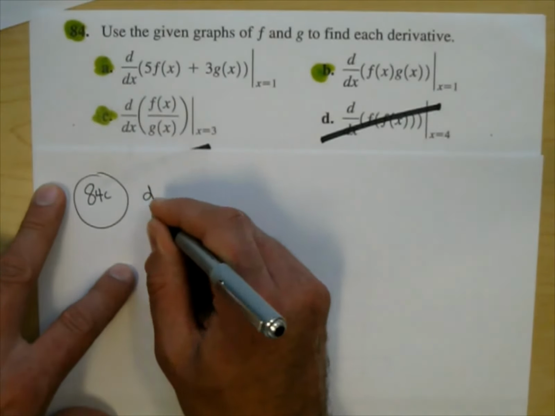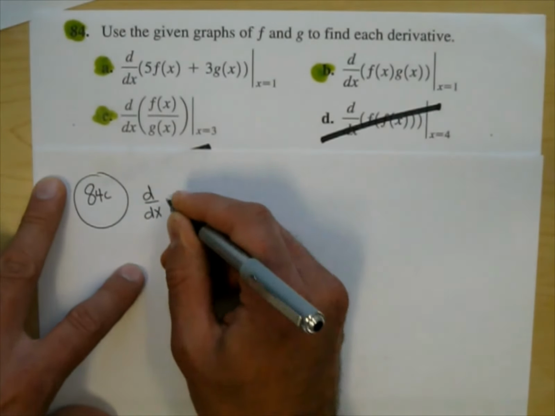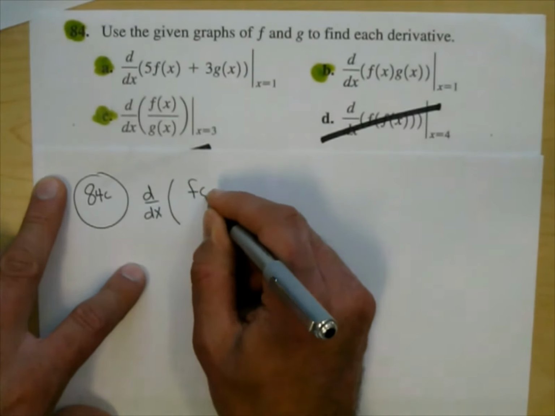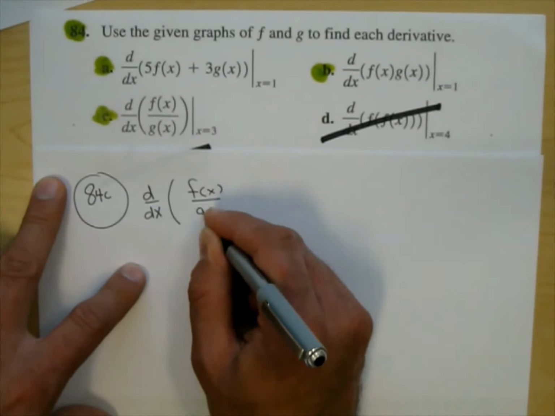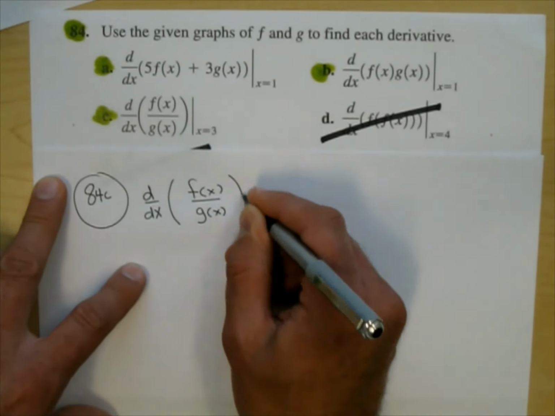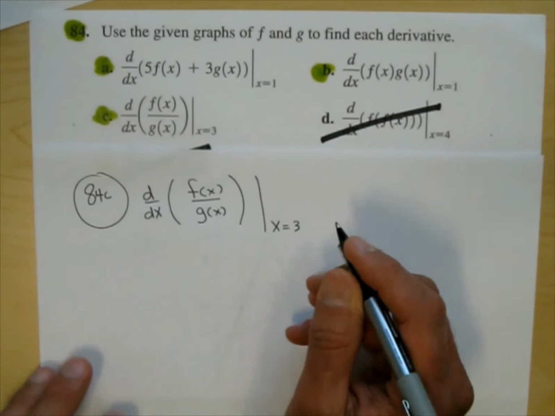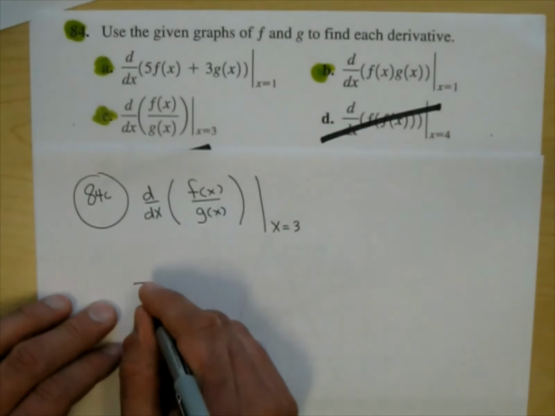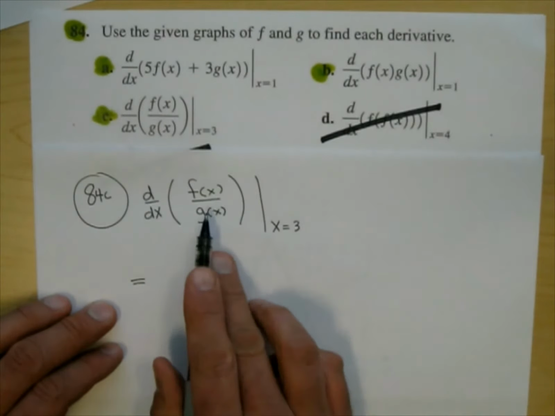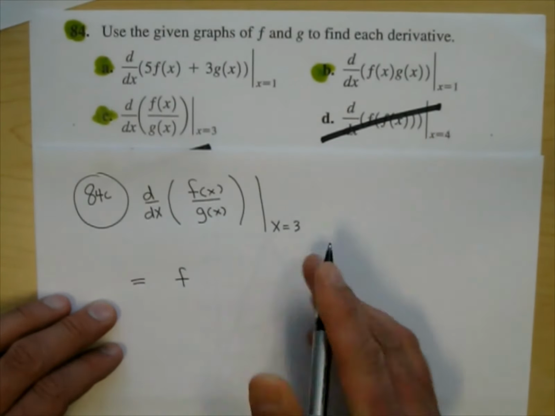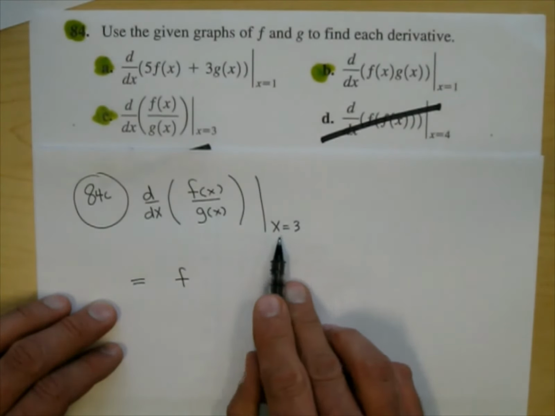This is the derivative of the quotient f over g evaluated at x equals 3. Okay, so this right here is the quotient rule. The derivative of the top. Of course, this is all evaluated now at x equals 3.